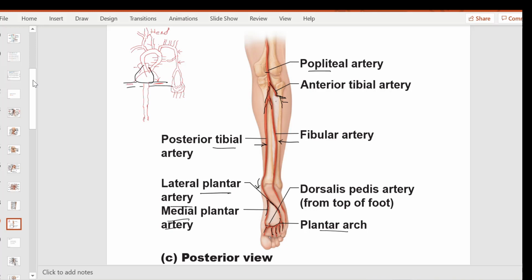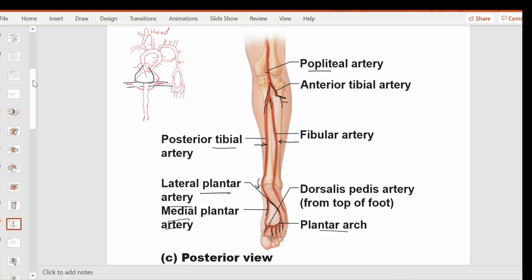Now let's see the abdominal aorta. From the very upper part, two inferior phrenic go to the diaphragm. So superior phrenic from the thoracic aorta, inferior phrenics from the abdominal aorta, and all those go to the diaphragm.